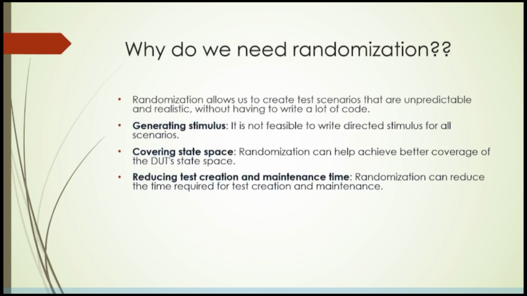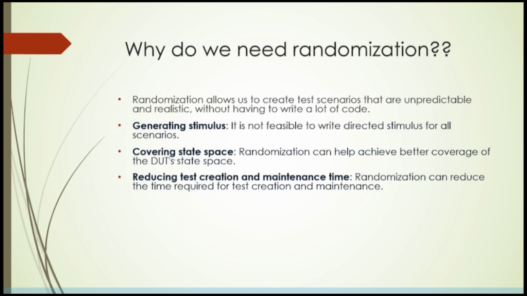By doing this randomization, it can generate stimulus easily. Even though it is not possible to write this manually, by using randomization it can generate stimulus very easily. And also it will be covering all the cases. Okay, all the corner cases which we may sometimes miss manually, randomization will be covering.